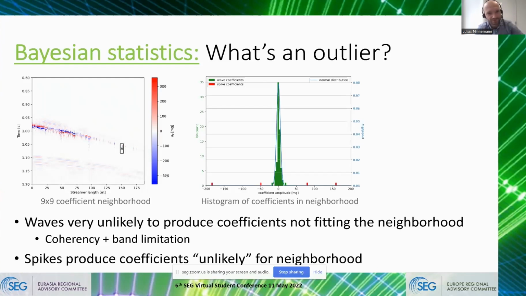On the right, we can see a histogram of that neighborhood with the wave coefficients in green and the spike coefficients in red. And we clearly can see that the spike coefficients are indeed outliers. This has some physical reasons: waves are very unlikely to produce coefficients not fitting their neighborhood because they are coherent and band limited. And the spikes do that, they produce unlikely values for their neighborhood.